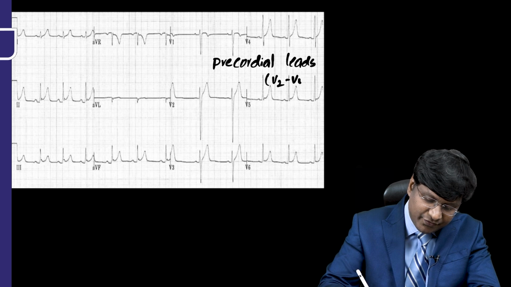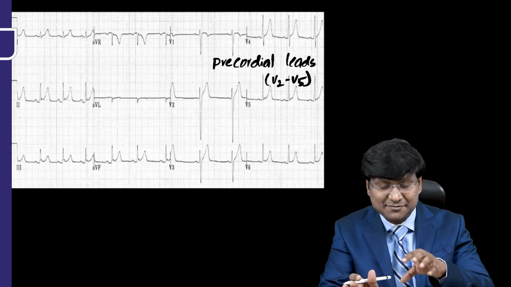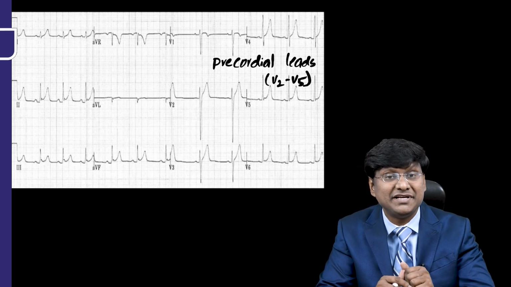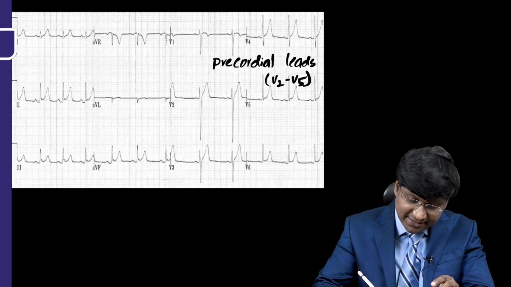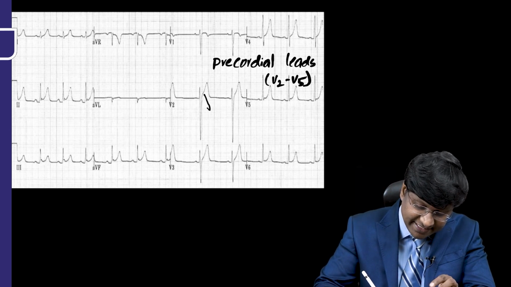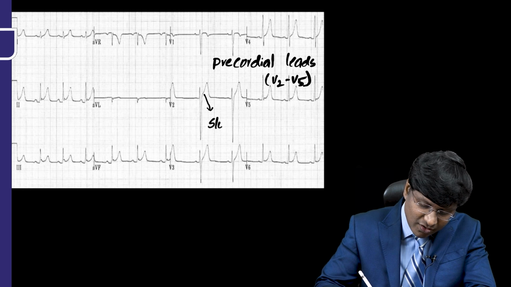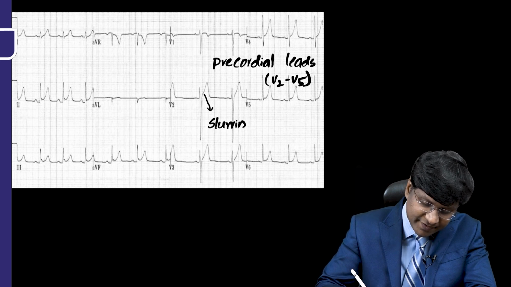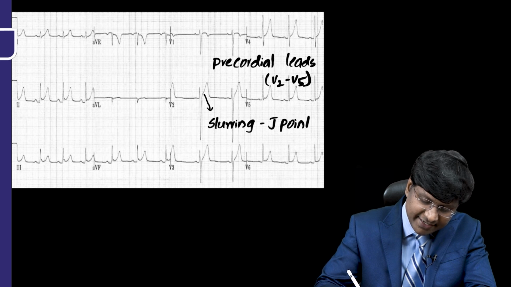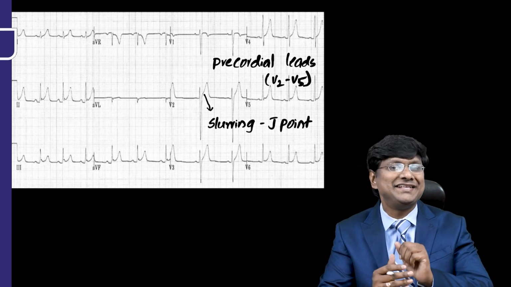That will be V2 to V5. In these leads the ST segment elevation will be prominent. And the morphology of the ST segment elevation, if you see here, there will be slurring or elevation at the J point.